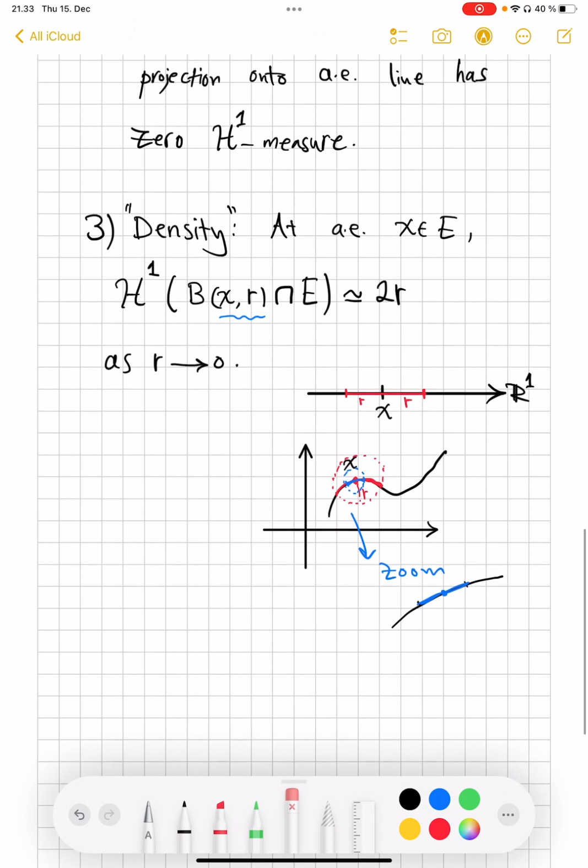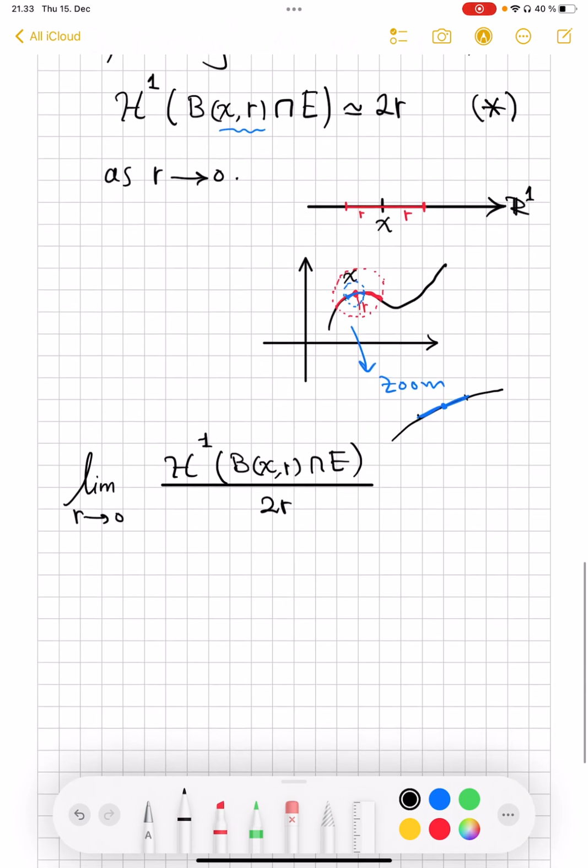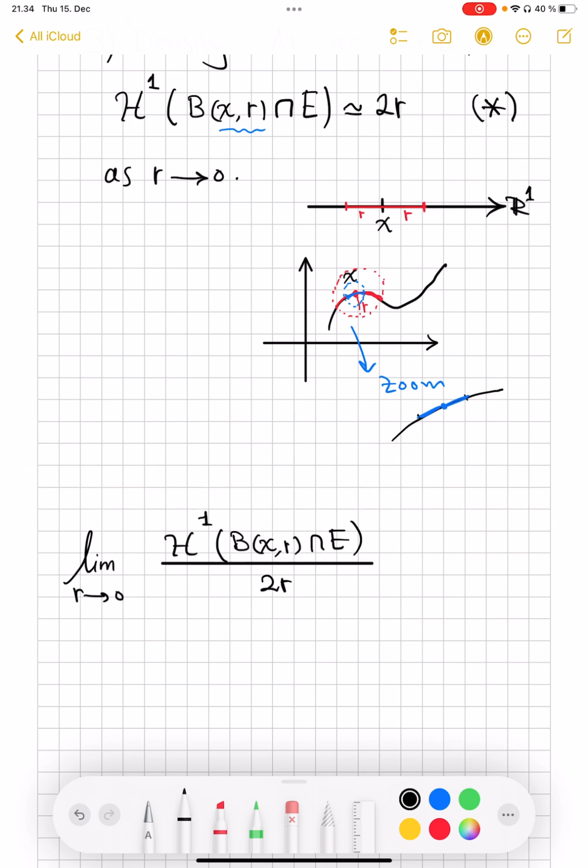And the failing, at least we can make precise. One way to make this star precise is to form this H1 measure of the ball of radius r around x, and then divide by 2r, and then ask about the limit as r goes to 0. But we're never sure if the limit even exists, and that's why mathematicians have invented the amazing notions of lim sup, which always exists, and lim inf, which always exists.